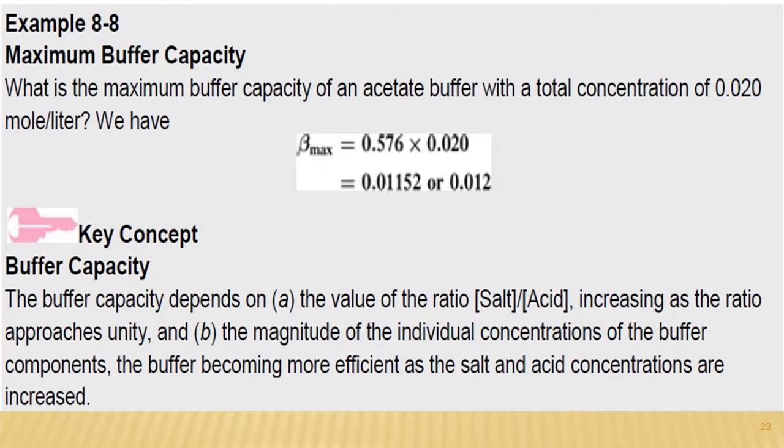The buffer becomes more efficient as the salt and acid concentrations are increased. In other words, buffer capacity depends on the ratio and the magnitude of the individual concentrations of the buffer components, and it becomes more efficient with an increase in the concentration of salt and acid.